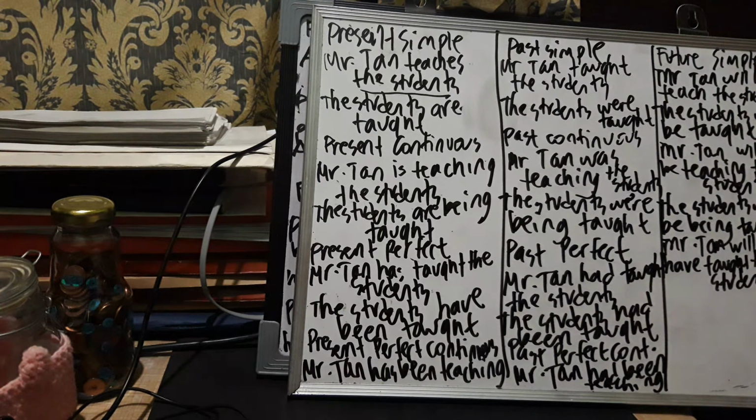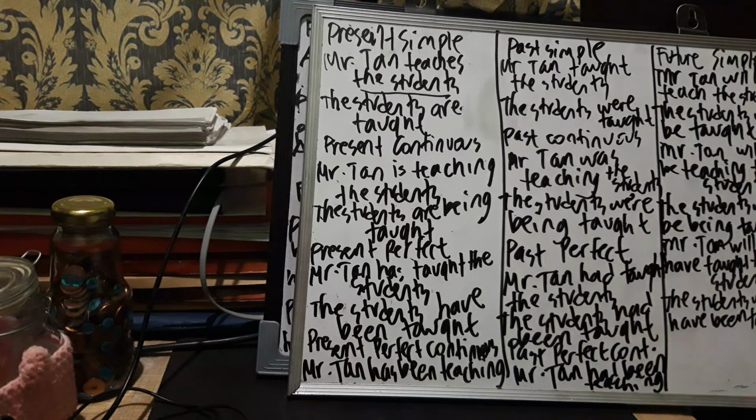Okay, so will have taught, so will have pp. And then how do we change that into passive? So it becomes the students will have been what? Taught. So that is the passive form of your future perfect.